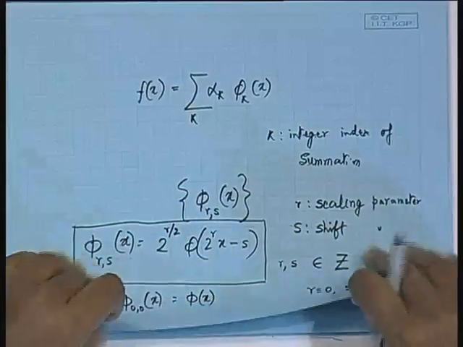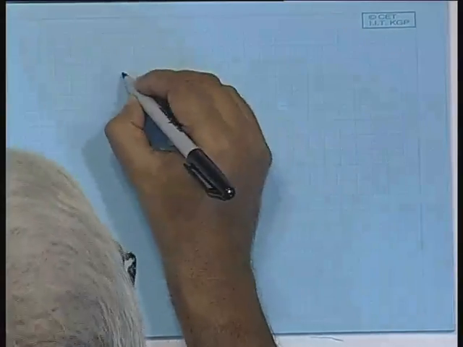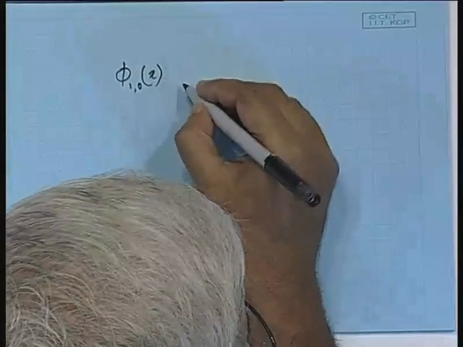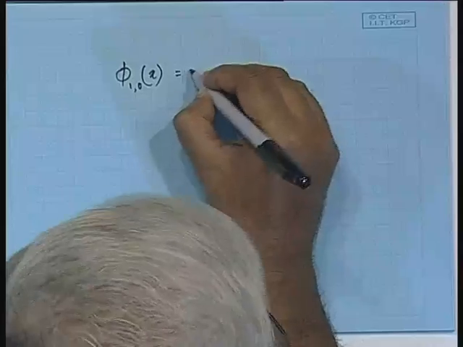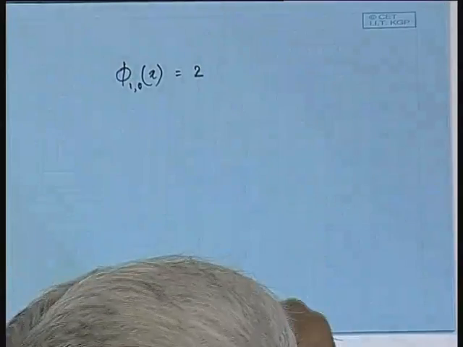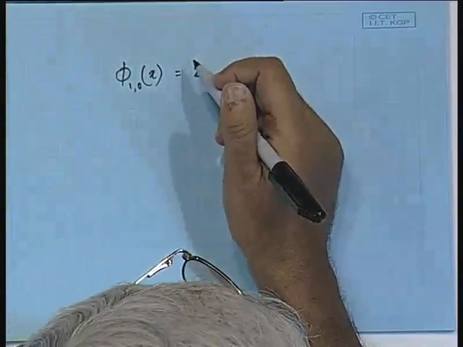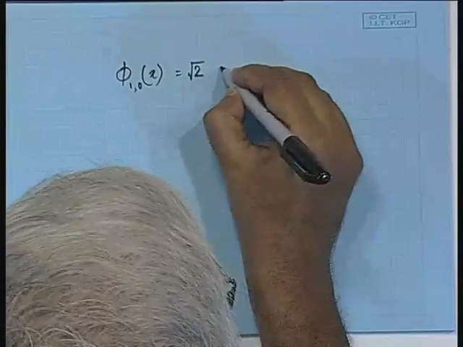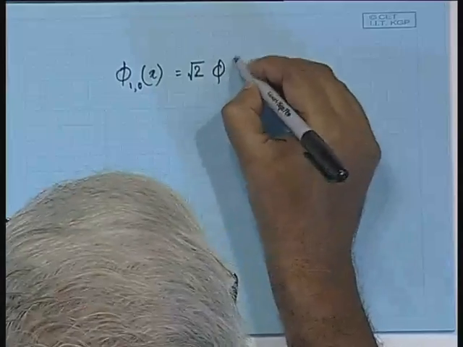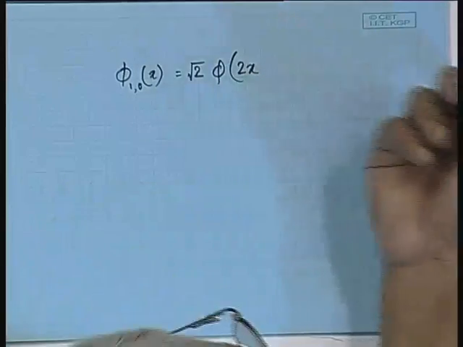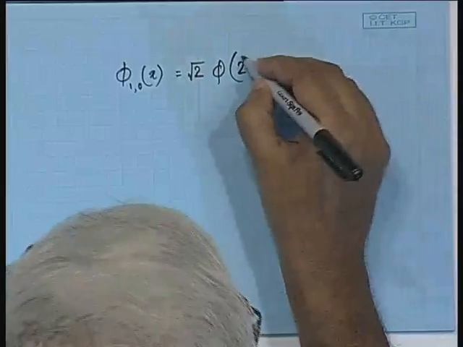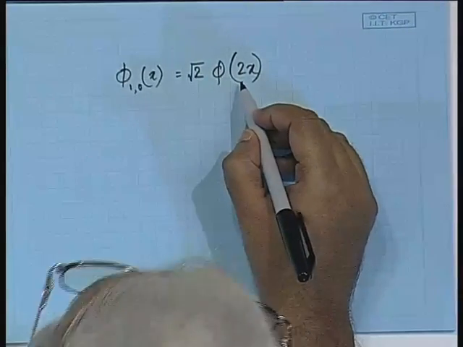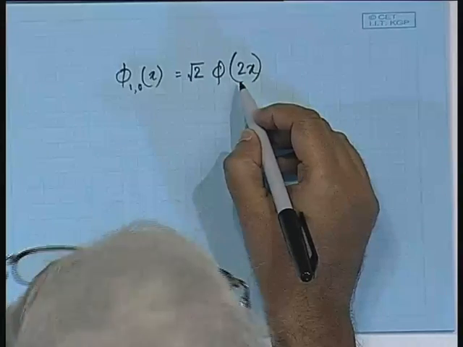So, phi 1 0 x I have to write as, here r is equal to 1, so it is root 2 into phi of 2x, that is all. Whatever we consider as phi of x, instead we are now obtaining phi of 2x.